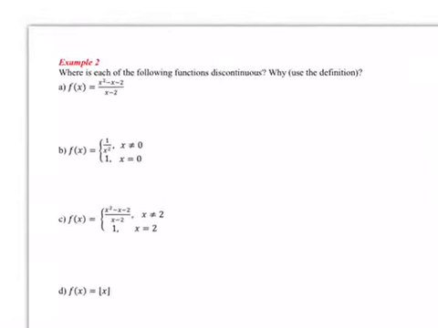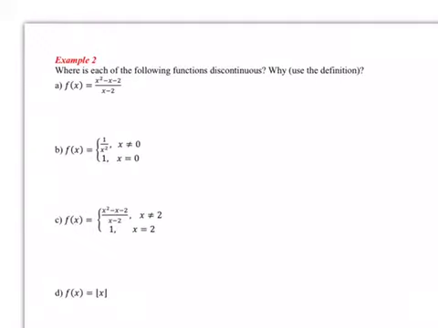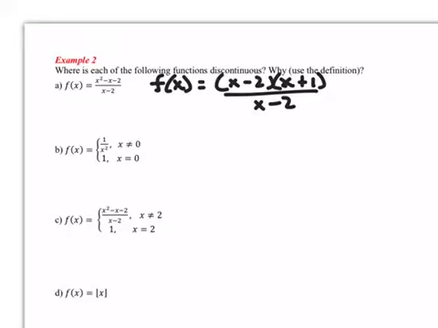Okay, so where is each of the following functions discontinuous and why? Use the definition. If I were to rewrite this first function f of x and factor the numerator, what we'd see is that f of x is not continuous at x equals 2 because f of 2 actually does not exist.